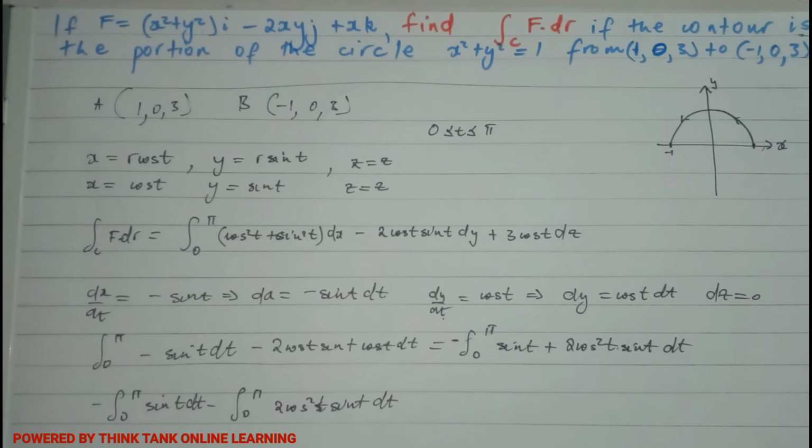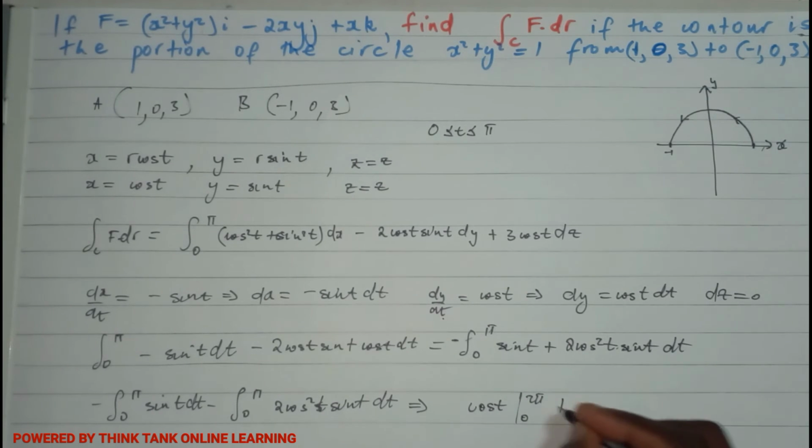If we integrate sine t, we have negative cos t, and if we multiply that by the negative, we have a positive cos t in the interval from 0 to pi.